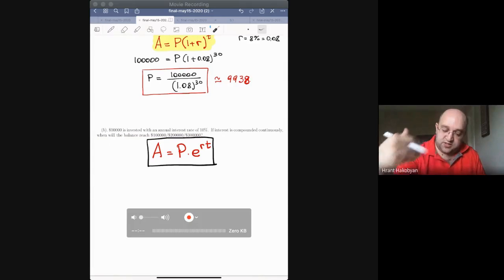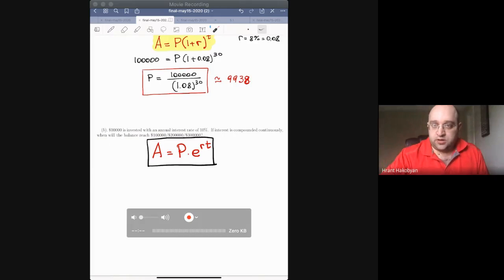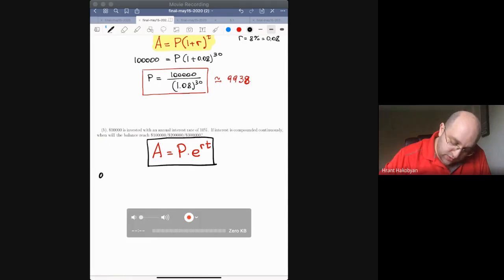So we're investing 10,000 and we're going to see when the account reaches those amounts. Okay, so let's use the formula. Let's do the case of 100,000. So the eventual amount is 100,000.